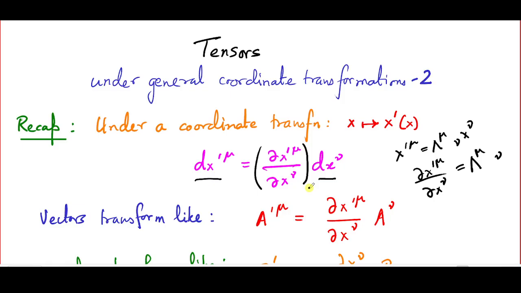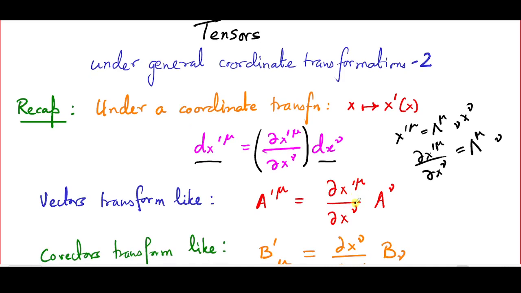So, a vector is a d-component object a1, a2 up to ad, which transforms under coordinate transformation to a prime mu is del x prime mu by del x nu a nu, still a linear combination of the old components, or of the components in the old coordinate system, with del x prime mu by del x nu the same coefficients as the coordinate differentials. These coefficients are called vector transformation coefficients. Here what you do is differentiate the newer coordinate with respect to the older one.